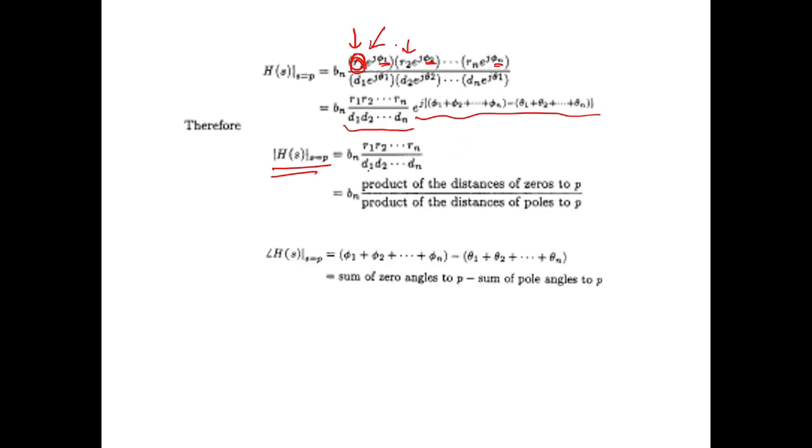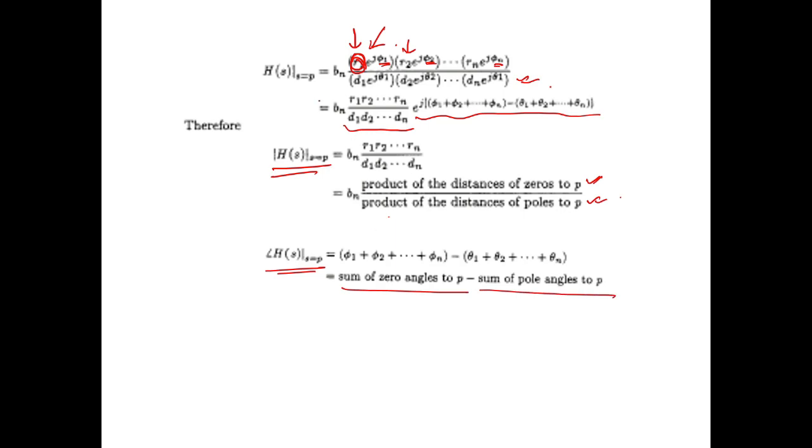The modulus of H of s is bn into r1 into r2 to rn, over d1 d2 dn, which is nothing but the product of the distances of zeros to P and the product of the distances of poles to the point P. And the phase angle at P is given by phi 1 plus phi 2 plus phi n minus theta 1 plus theta 2 plus theta n. Theta 1 is at the bottom. So it is the sum of zero angles to P minus the sum of pole angles to P.